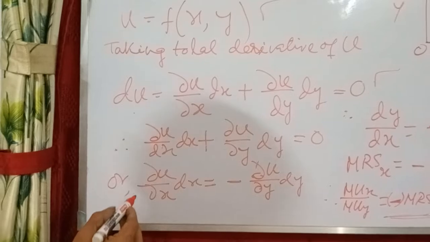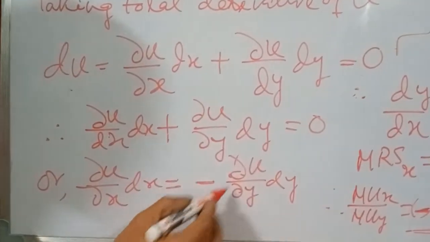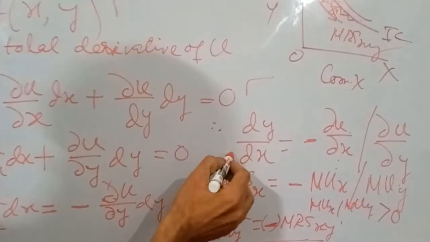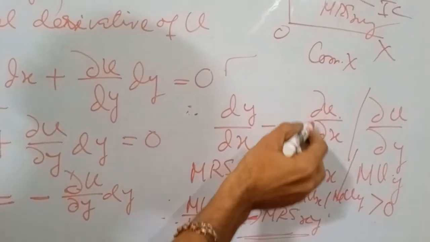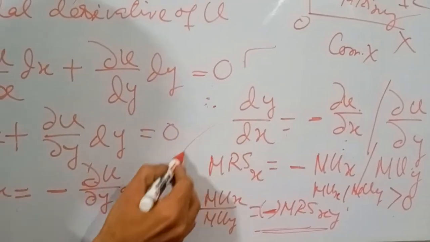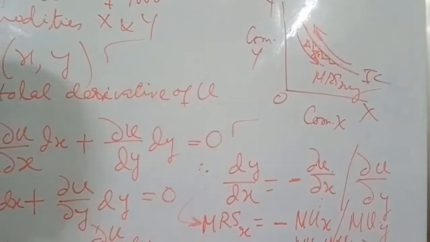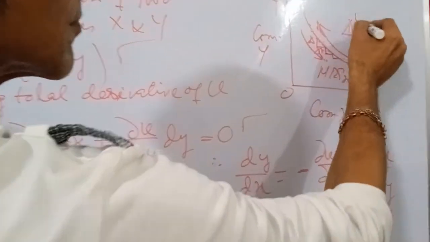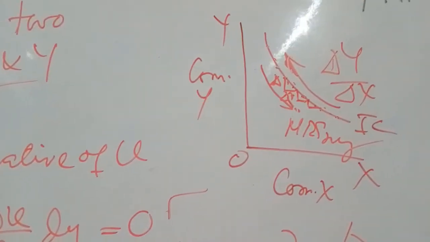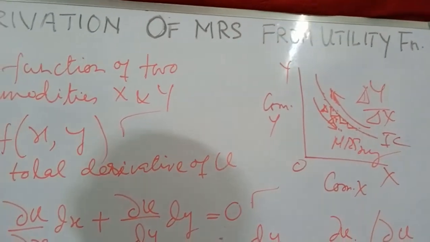Therefore, del u del x dx is equal to minus del u del y dy. Therefore, dy dx is equal to minus del u del x divided by del u del y. This is MRS. So that is equal to minus MU x by MU y.